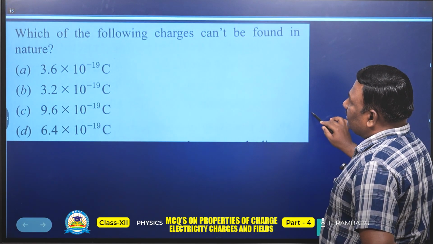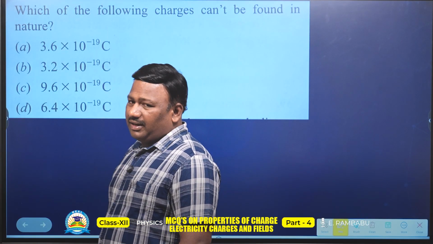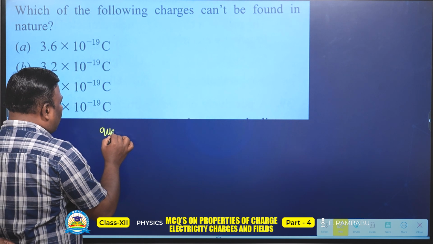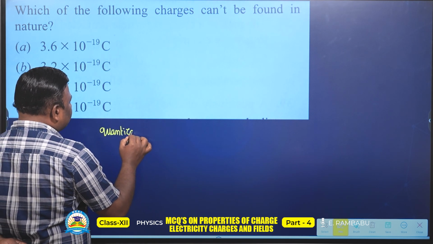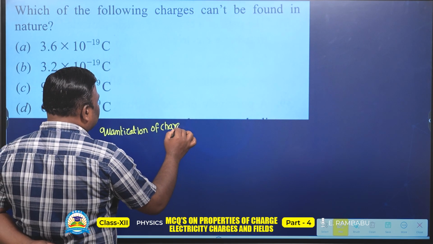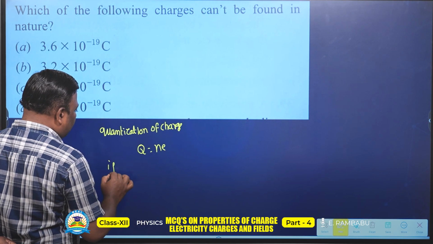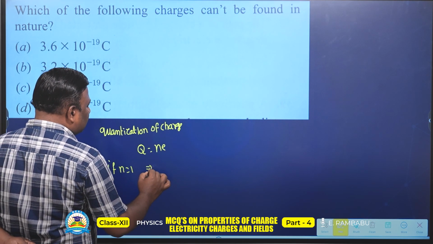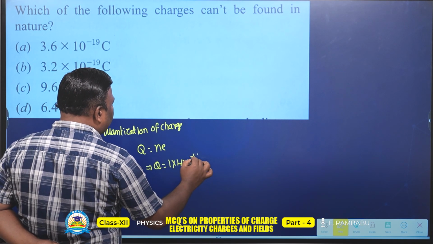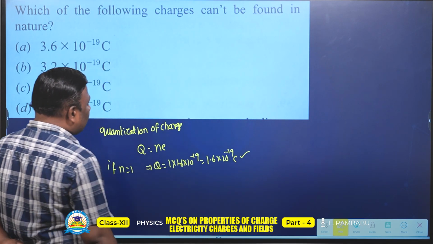See this last question. Which of the following charges cannot be found in nature? For that I am going to use the quantization rule. According to the quantization of charge, Q is equal to N into E. If N is equal to 1, the charge is 1 into 1.6 into 10 to the power minus 19 coulomb, which exists.